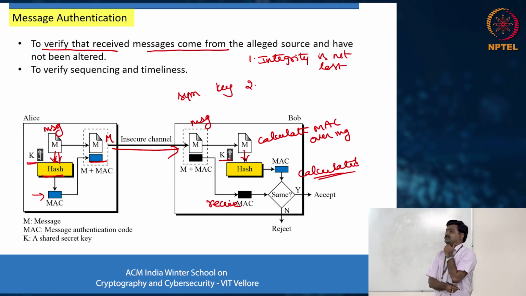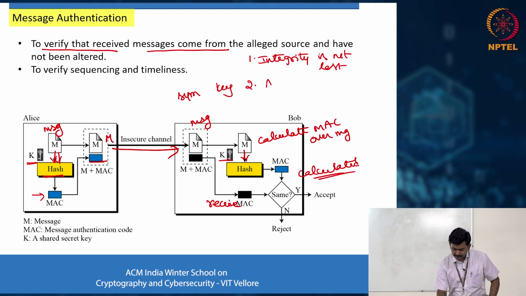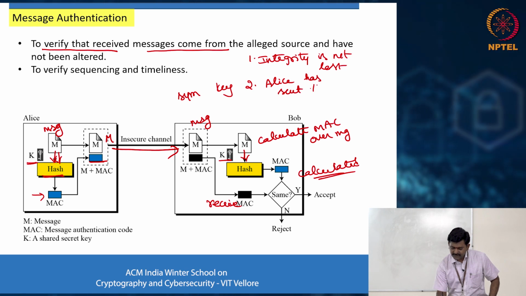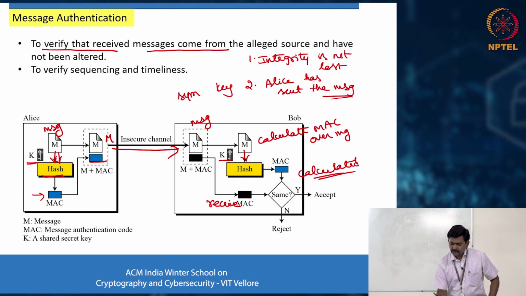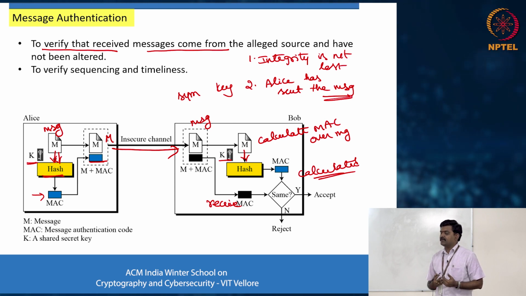This message is sent by Alice. Why have these conclusions come? Because you are able to get the same MAC code as we have received, so integrity is preserved, number one.